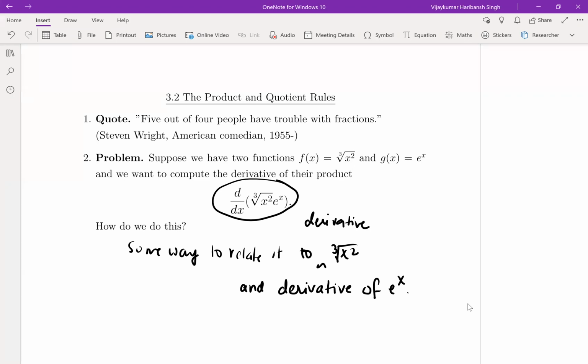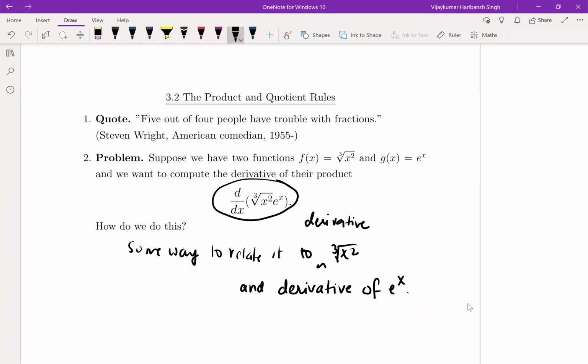Because we know how to compute the derivative of the cube root of x squared and e to the power x. Okay.